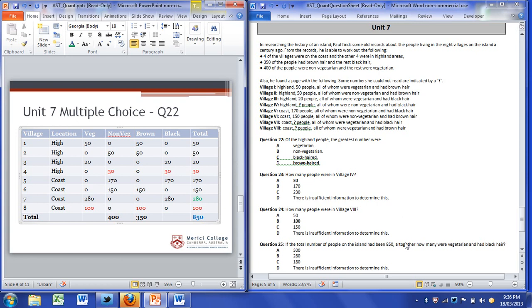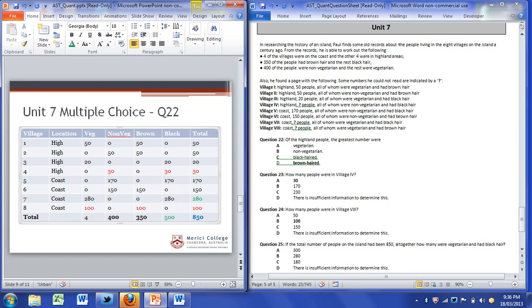So, altogether, how many were vegetarian and had black hair? And I need to add these up as well. So I get 20 plus 20 is 40, plus 50 is 90, 170 is 260, plus that is 500. I'll make that green. And then if I do 50 plus 20 is 70, plus 280 is 350, plus 100 is 450.